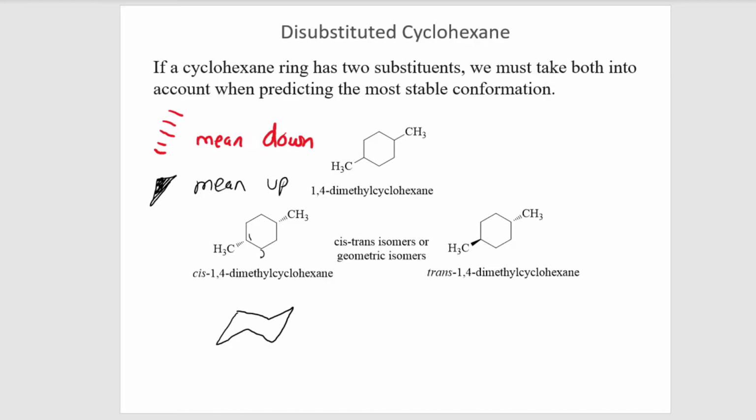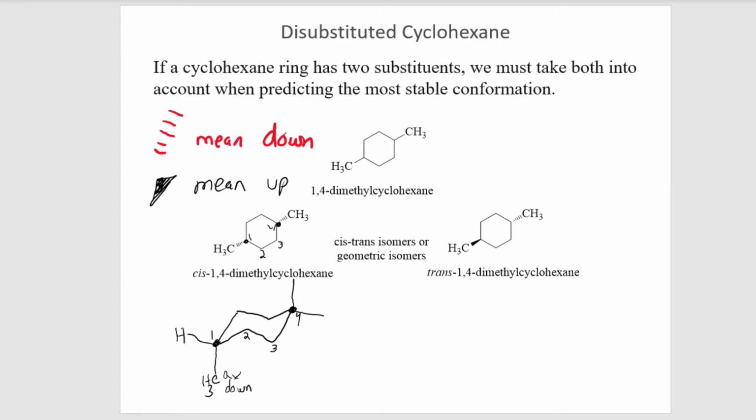I'm going to number 1, 2, 3, and 4. Try to keep things the same. So the carbons at 1 and 4 are the ones that have the substituents on them. And if you'll notice, both of them are hashed. So drawing my axials first, I know that I have an axial down, and since I see the CH3 is hashed, I know I've got to put the CH3 at that down position.